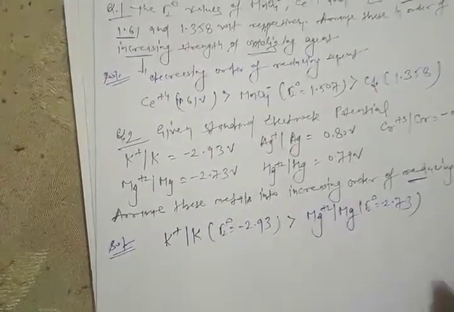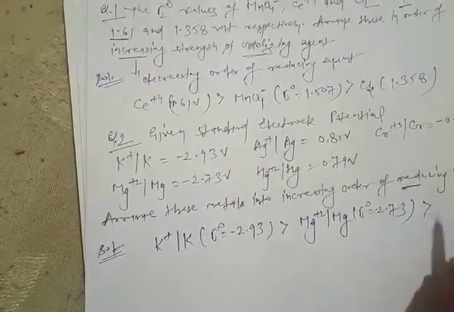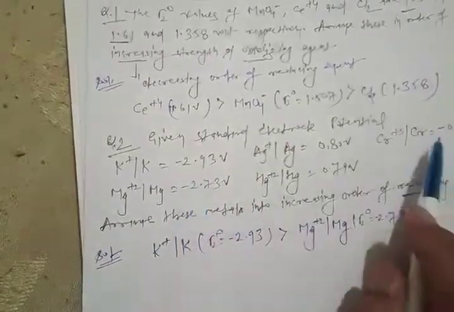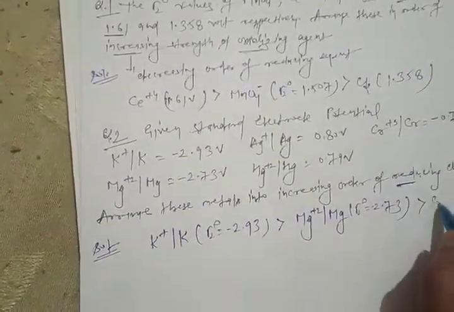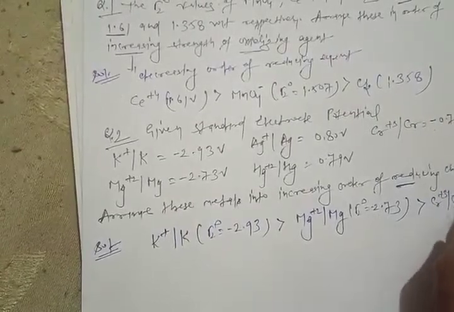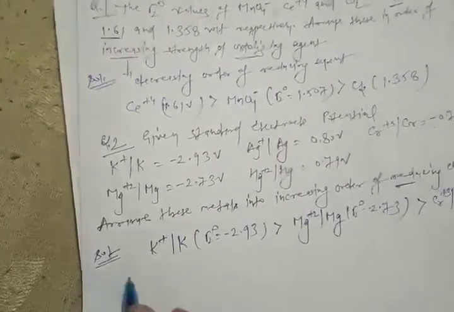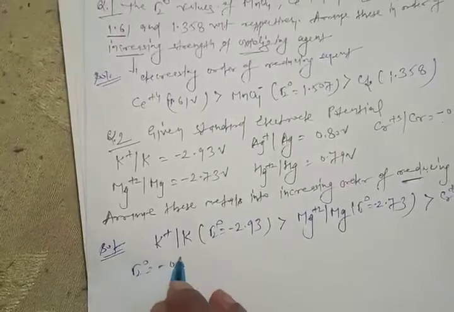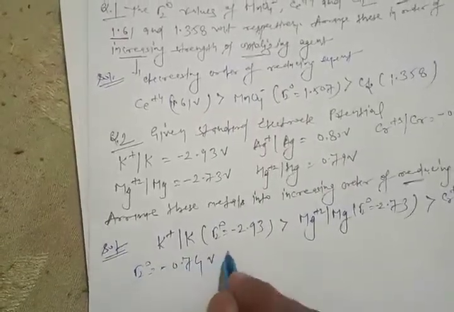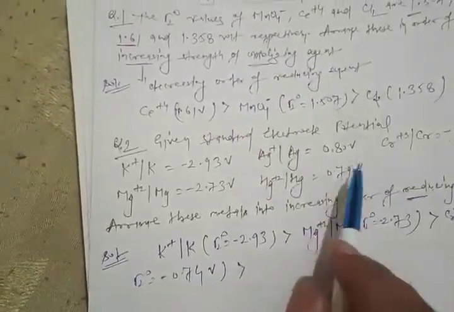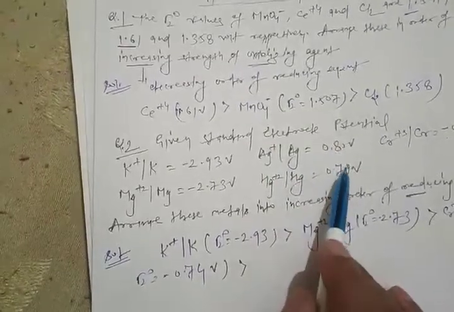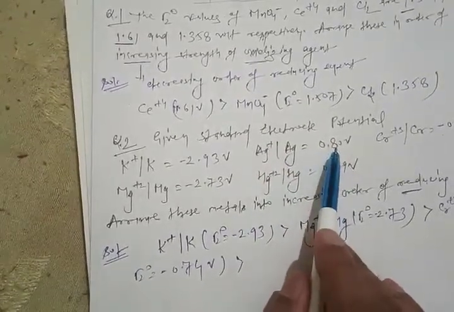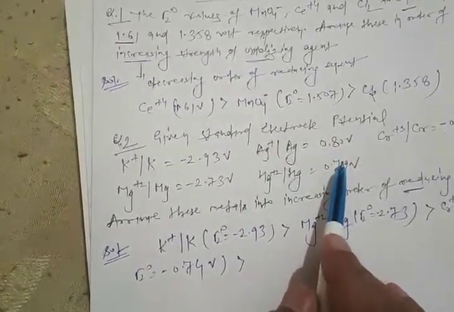Then minus 2.73, and then the chromium is next negative: Cr plus 3 to Cr, which has an E naught of minus 0.74 volt. Then we have two positive values, whose difference is only 0.01, but it is still a difference.